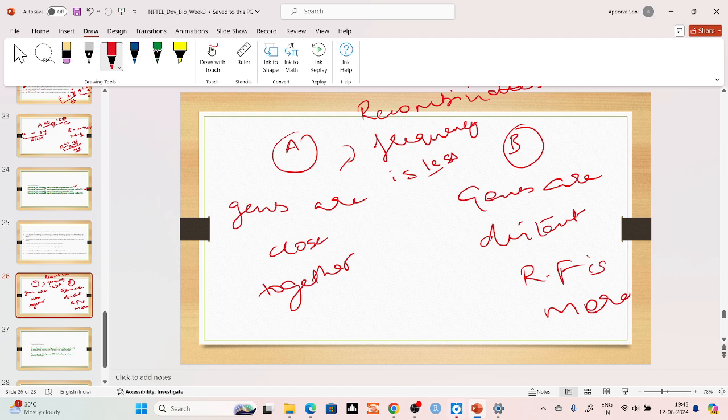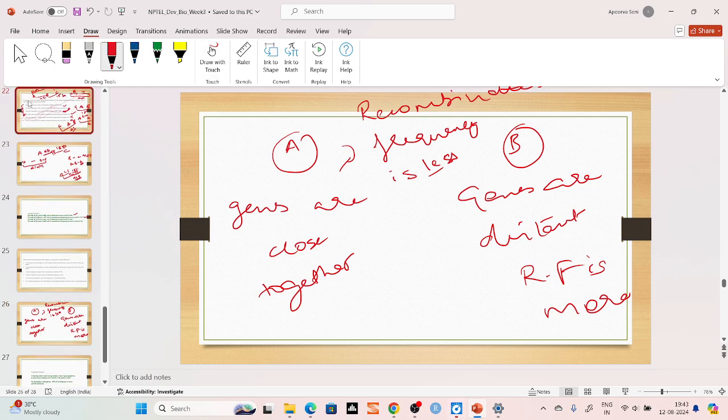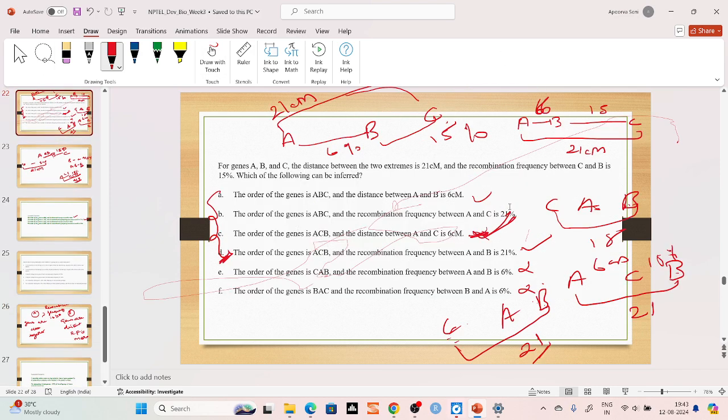If you are given recombination frequency, its values can be used to determine whether the genes are close or not. Just like in this question, we were given recombination frequencies. The recombination frequency between C and B is 15%, and between A and C it is 6.